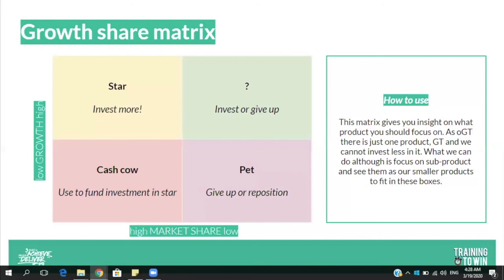For example, the star, as for Romania, the star subproduct would be the marketing or PA. But the one that brings the most approvals, although I didn't market it that much, is the subproduct for teaching. And as for the pet, it was more for IT because I was trying to do some new tricks with it, try to put it out there. So yeah, that's how you can actually see it.